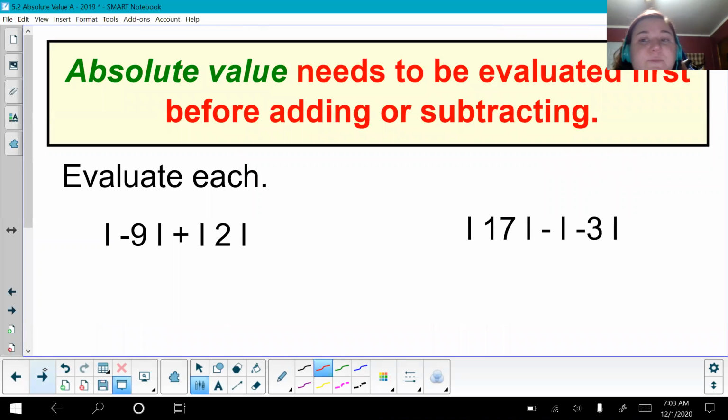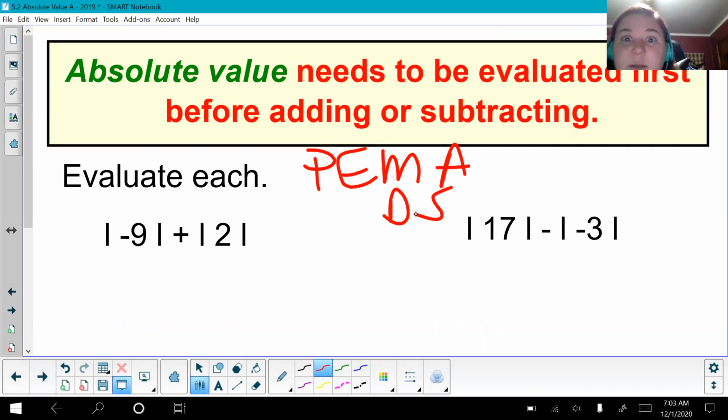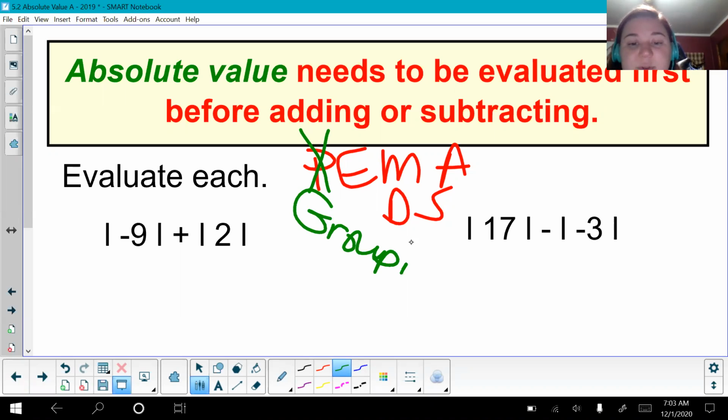Okay, now let's just apply it to addition. Just like when you learned, please excuse my dear Aunt Sally, right? We learned that a long time ago. So what does this actually mean? Well, now that we're older, this P is actually a G, which we call grouping symbols.